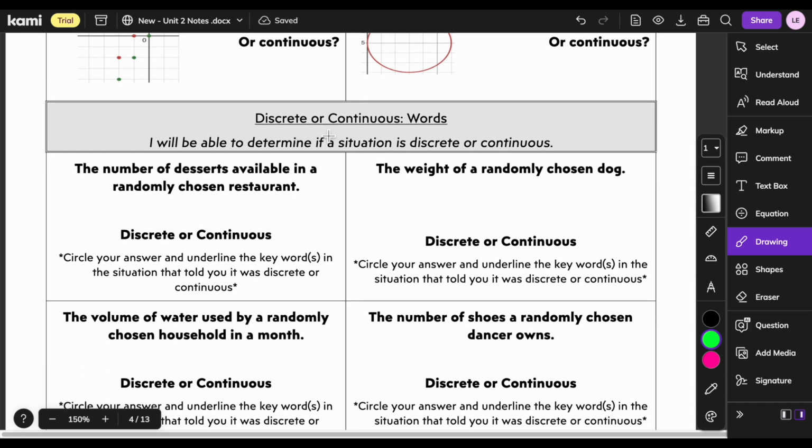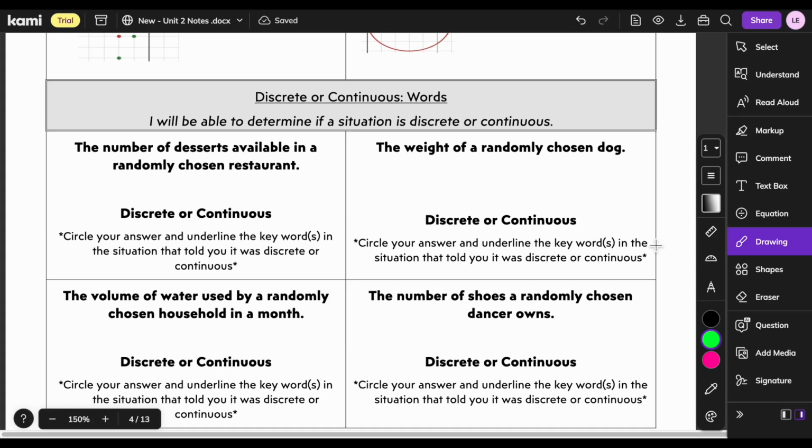So now we're going to look at some word situations. So this is what you'll be looking at and doing on your IXL today. I'll be able to determine if a situation is discrete or continuous from the words. So the number of desserts available in a randomly chosen restaurant. The keyword that I see is number of, right there.